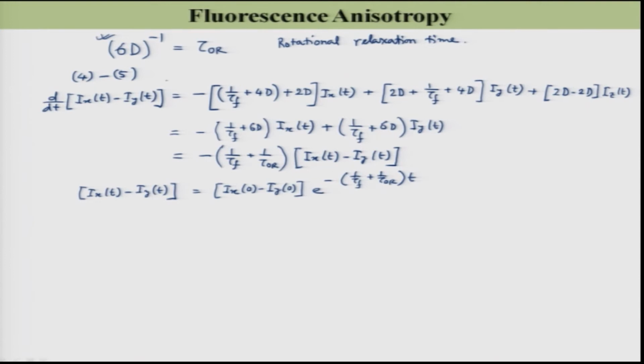From 4 and 6 I will get this type of equation after doing all these steps: I_x(t) minus I_z(t) will be equal to I_x(0) minus I_z(0) e to the power minus (1 over tau_f plus 1 over tau_r) t. So, from here I got what is this I_y(t), see here. This one I will know, from here this one I know.